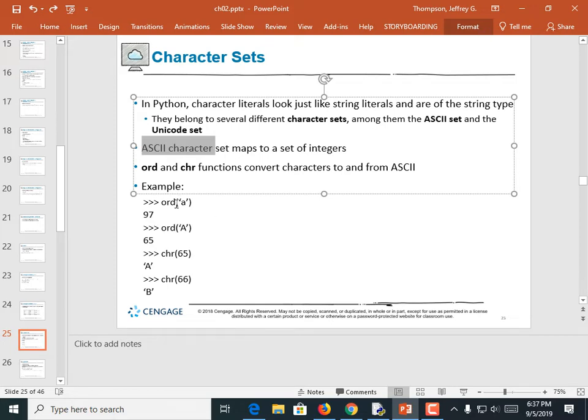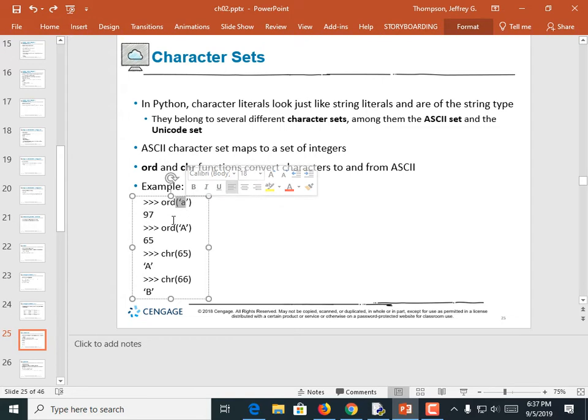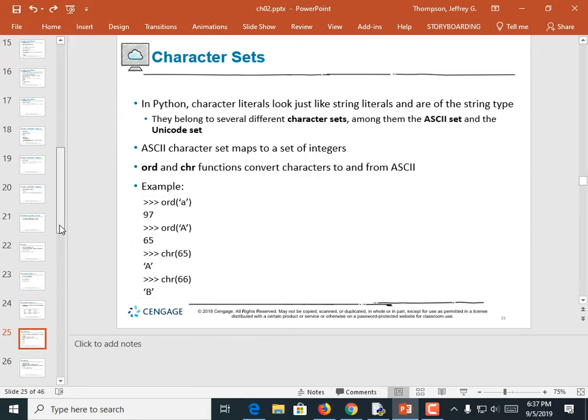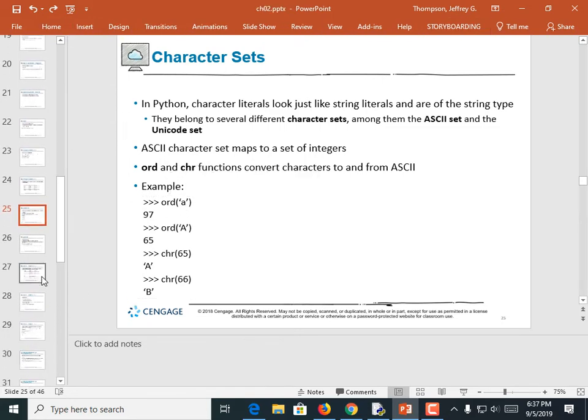Now this is showing that every letter has a value. Let's play with this a little bit. I think by the time it goes on a little bit further, they show some code for creating what's known as Caesar Cipher. It may be in this chapter.